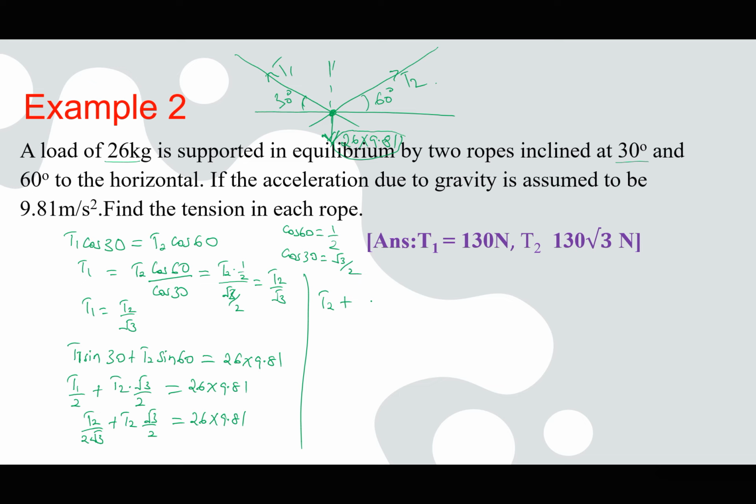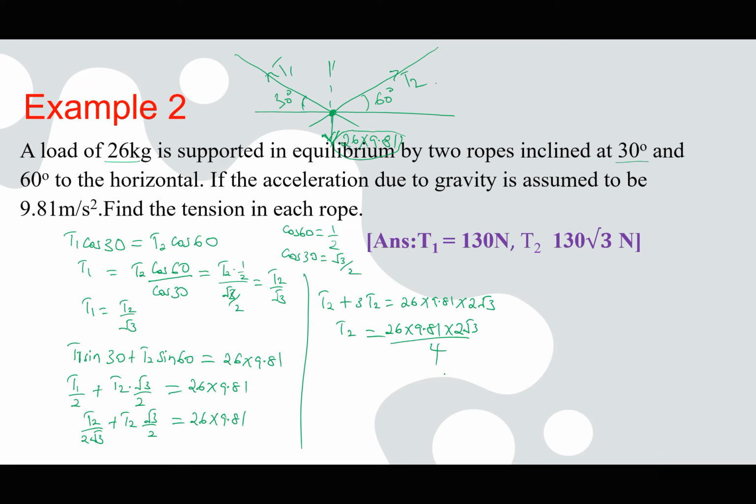So here the 2 cancels, root 3 times root 3 is going to become 3 T2, and I remain with T2 plus 3 T2, which is 4 T2. Remember I'm multiplying everything by 2 root 3, so this is 26 times 9.81 times 2 root 3. So it means T2 is going to be equal to 26 times 9.81 times 2 root 3 divided by 4.